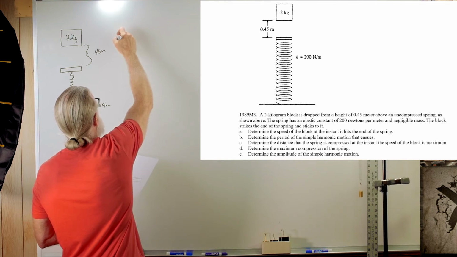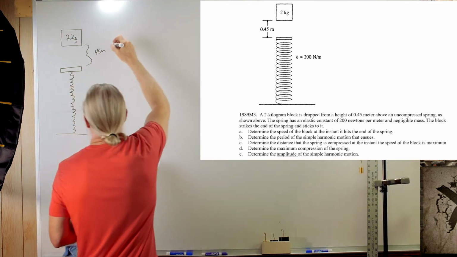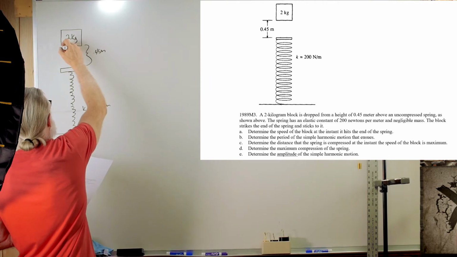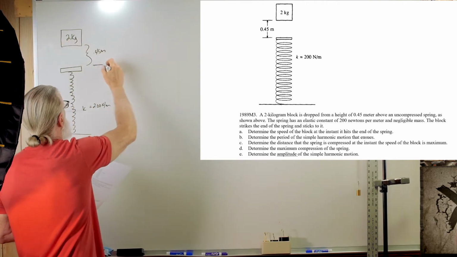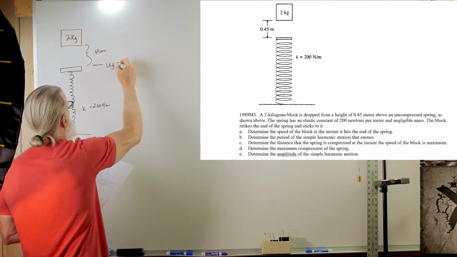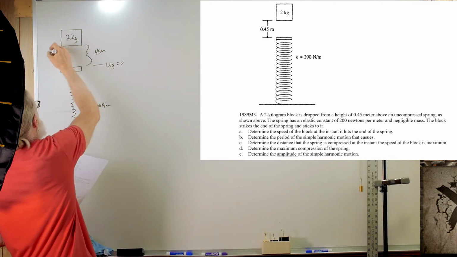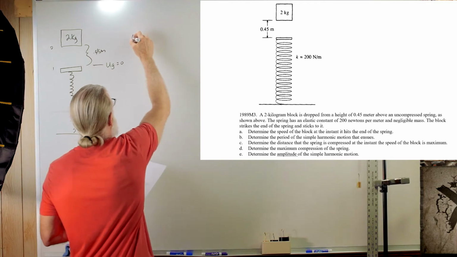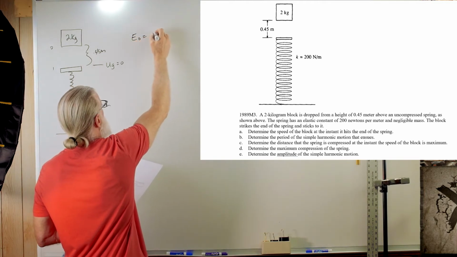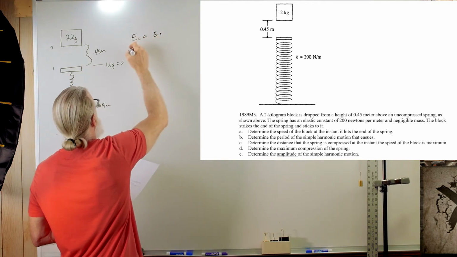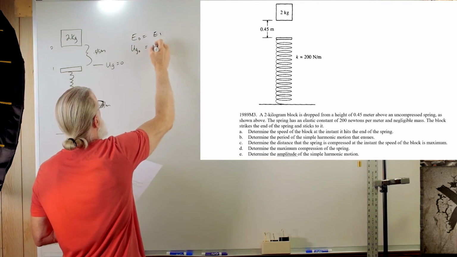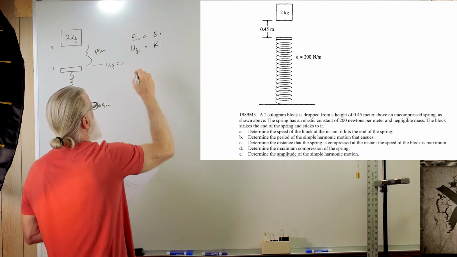So what do we have? For this, I'm going to say that the gravitational potential energy is 0 here. So that's point 0, and that's point 1. Energy at 0 equals the energy at 1. So the gravitational potential energy at 0 equals the kinetic energy at 1.